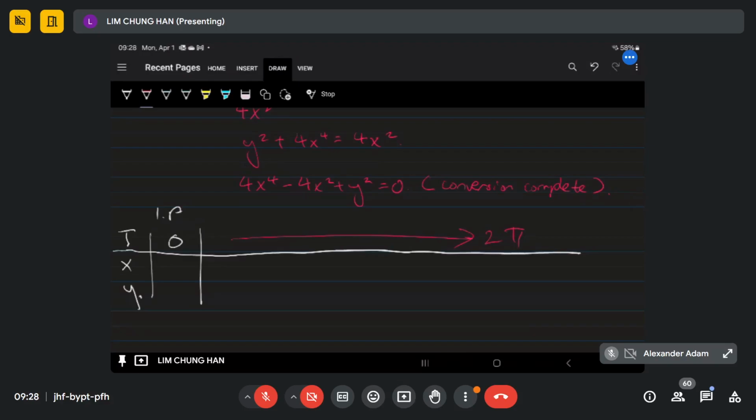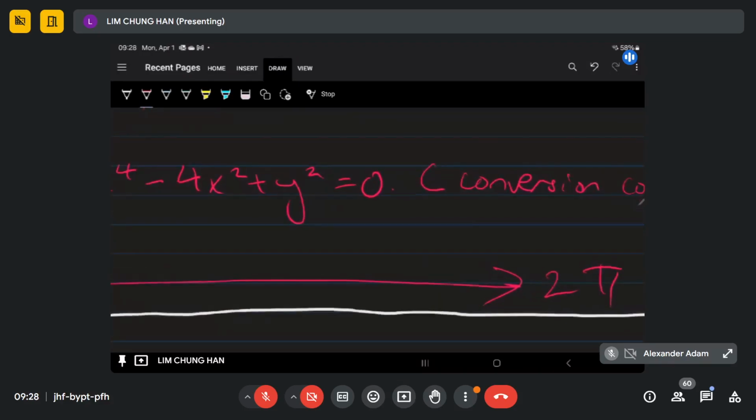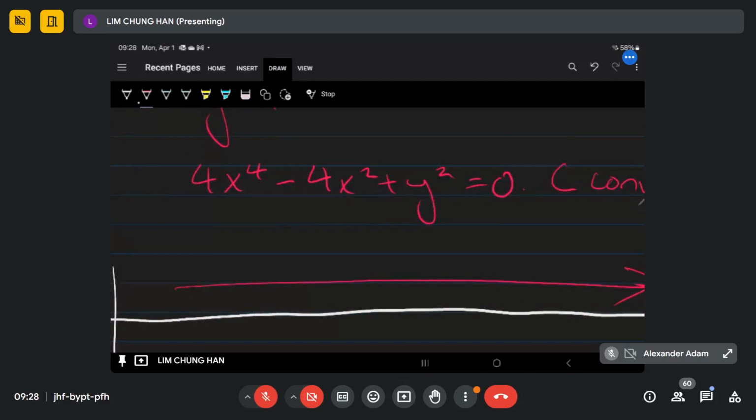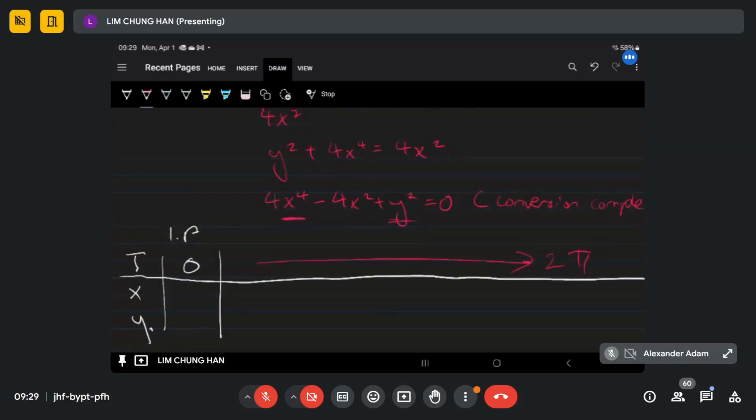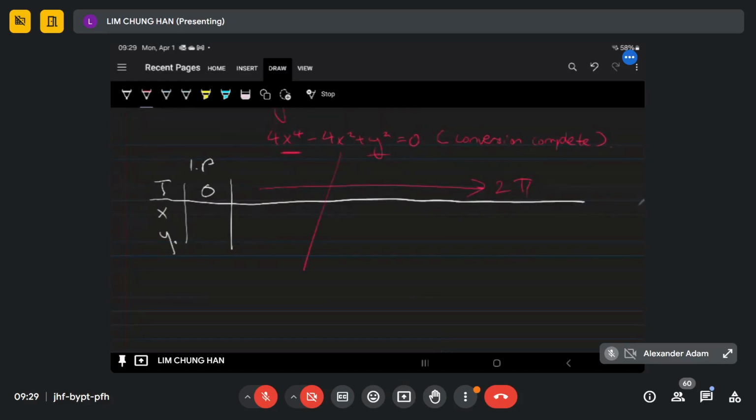Now, if you study our equation, we have x even power. We also have y even power. So let me write this down.